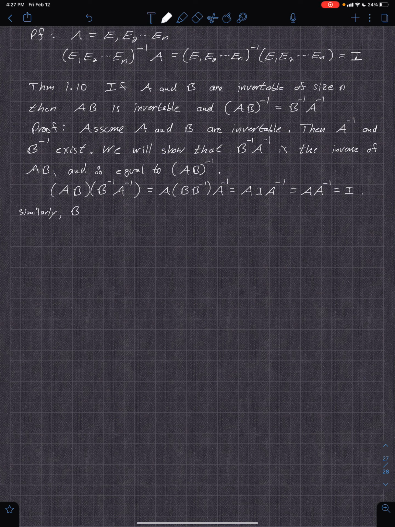So if you have B inverse A inverse times AB, you perform really the same thing and associate, which gives B inverse A inverse A B. That's an inverse, so that's I. And so you get B inverse I times B, which is just B. So that's B inverse B, which is equal to the identity matrix.